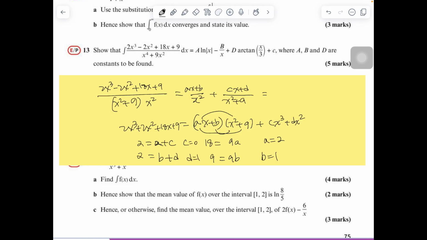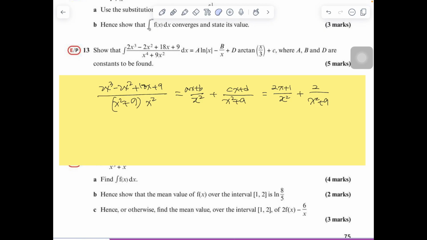So now we understand this one: (2x plus 1) over x squared, plus, with c equals 0, d becomes 2 over (x squared plus 9). Now we can solve this out.